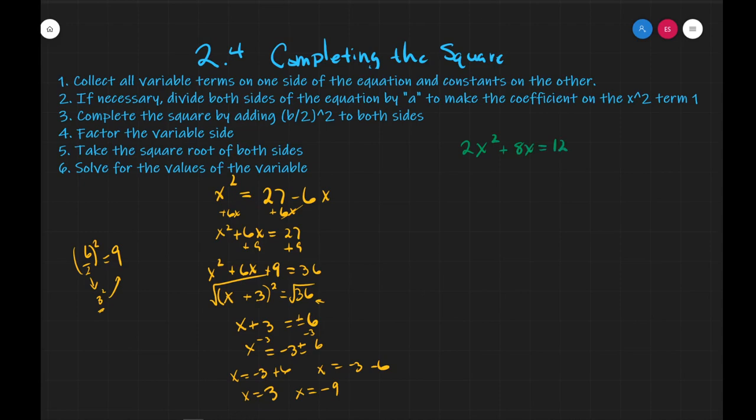Okay, so go ahead and take a couple seconds, pause the video, solve that, use these steps, solve this equation, find out what x is using that completing the square process.